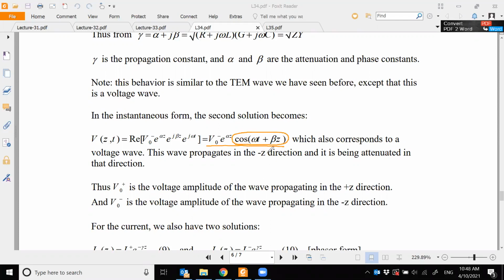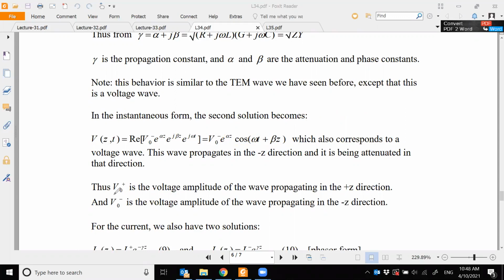It is a traveling sinusoidal wave, which means this solution represents the wave moving in the minus z direction and attenuating again with alpha. This is the amplitude of my voltage wave, this is the frequency, this is the phase constant, and the same phase velocity u is equal to omega over beta.